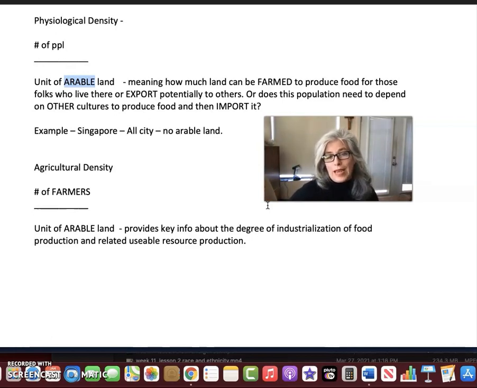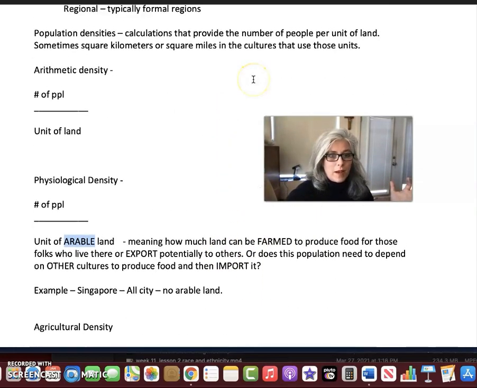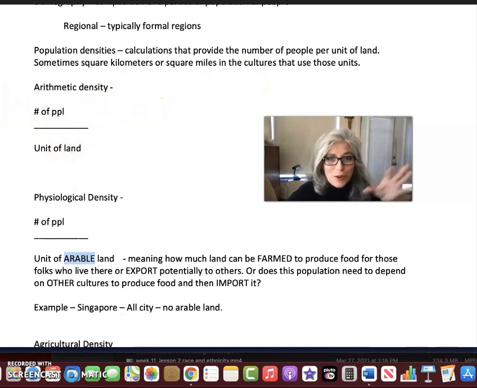So whether you are farming some sort of livestock or some sort of plant, if you have a small number of farmers and a lot of arable land, that tells you a lot about the degree of industrialization in that area. And probably you can make some correct assumptions from that information about the standard of living and the level of income and resources that most of the members of the general population, back up here in the arithmetic density, this is just the general population.